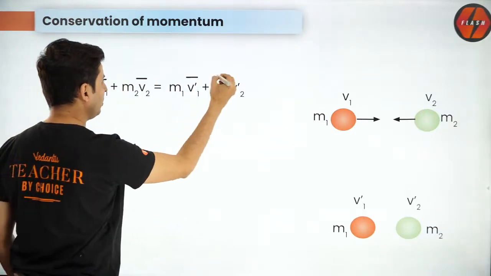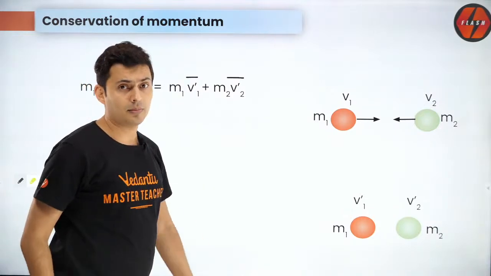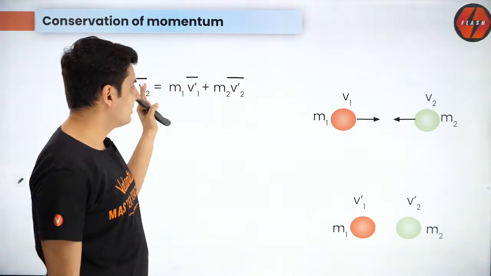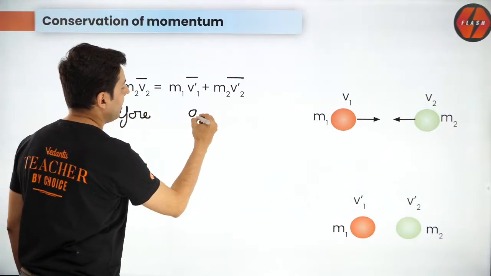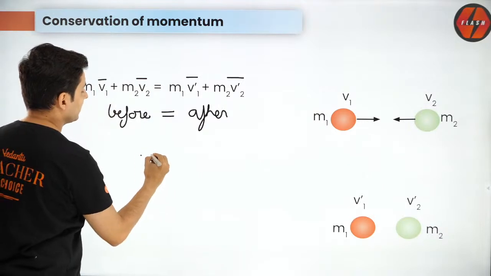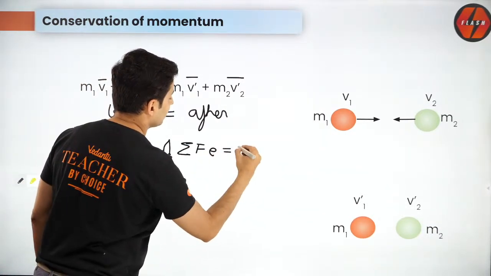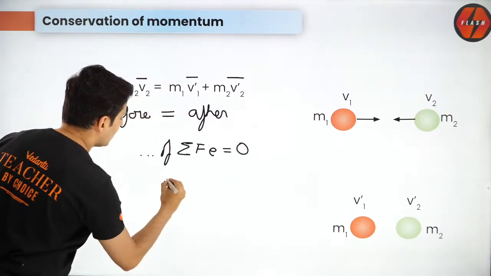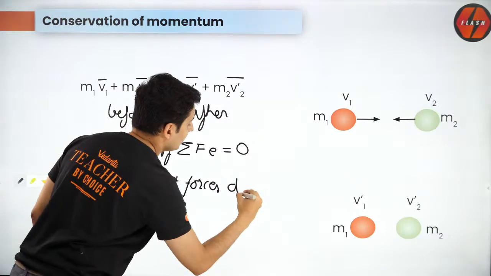M1 V1 bar plus M2 V2 bar is M1 V1 bar prime plus M2 V2 bar prime. So that's how it is. This is the momentum before and this is the momentum after, and they both are the same, assuming the net external force is 0. Remember, internal forces do not matter.